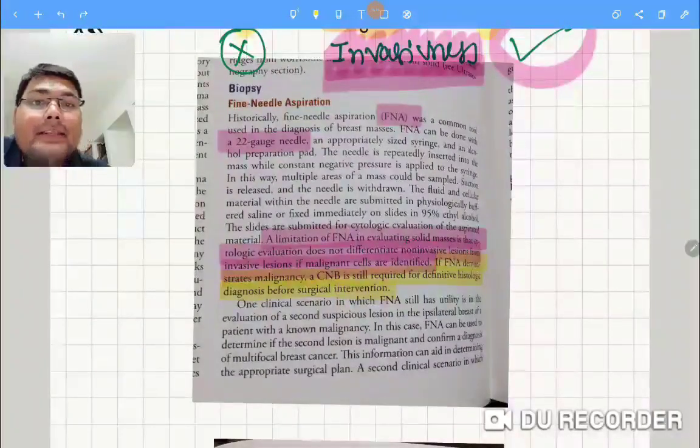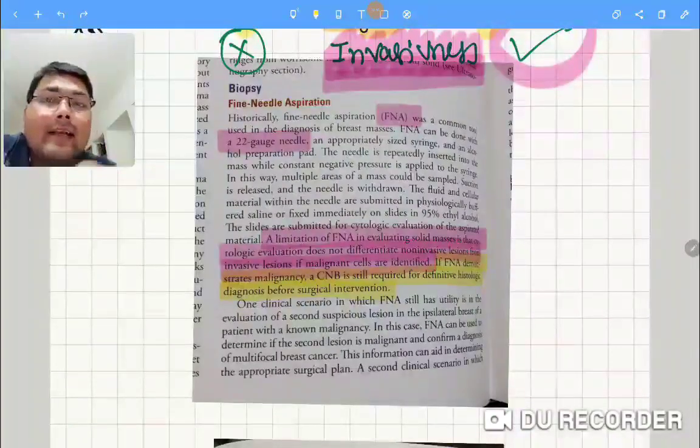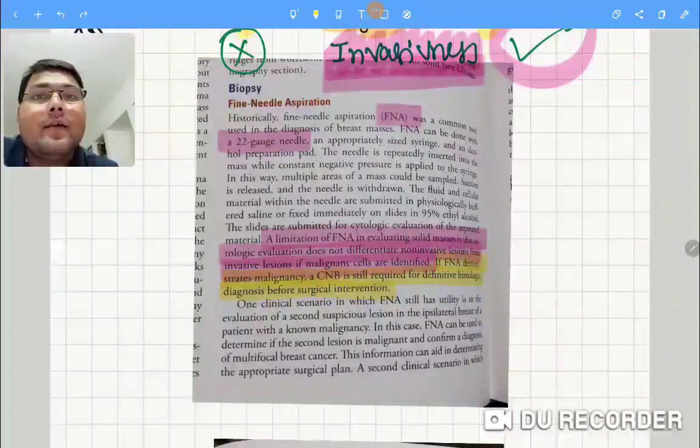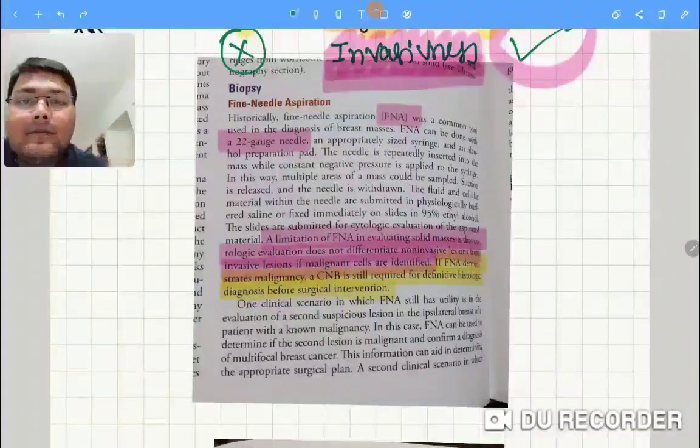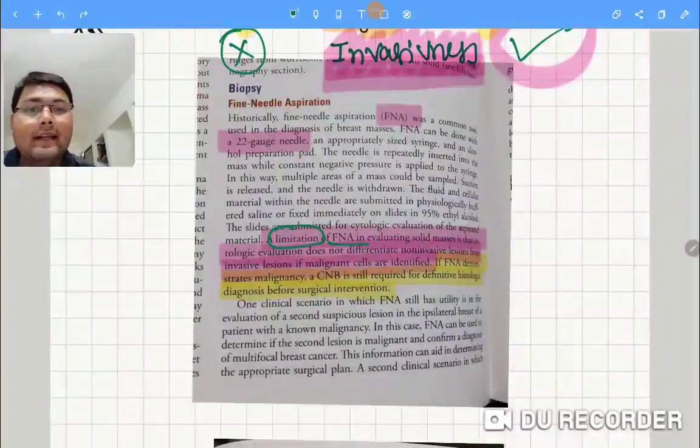If in FNAC we get something positive for malignancy, that yes this swelling is malignant, then you must go for a true cut biopsy before proceeding towards the surgery, right? So this is the limitation of the FNAC, in patients with breast malignancy.